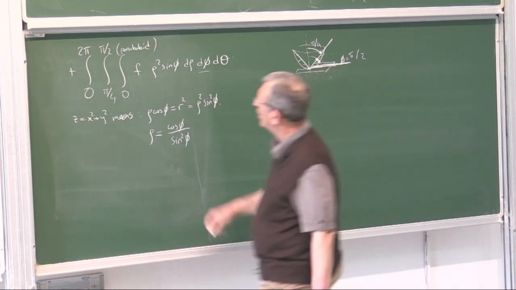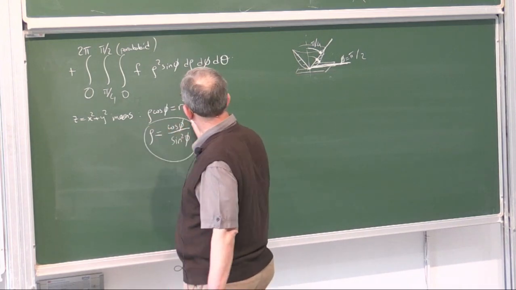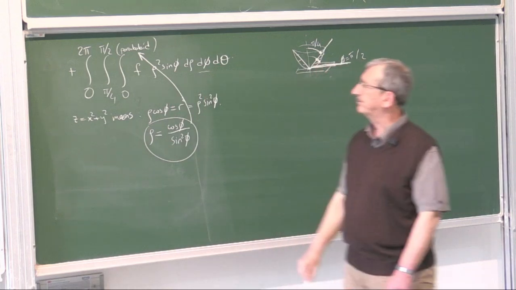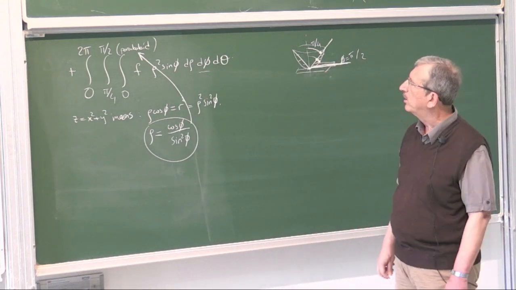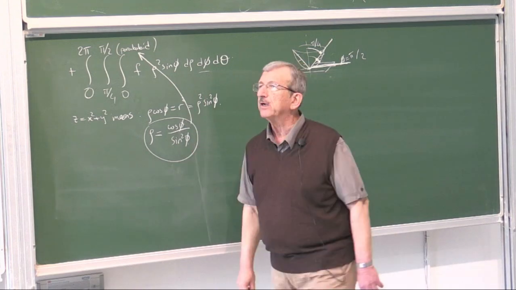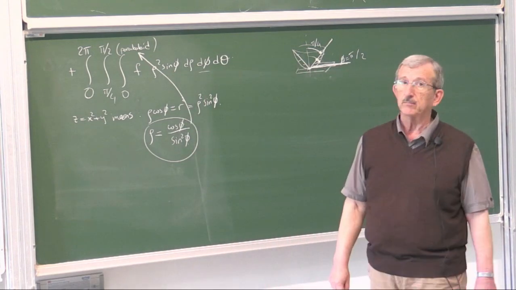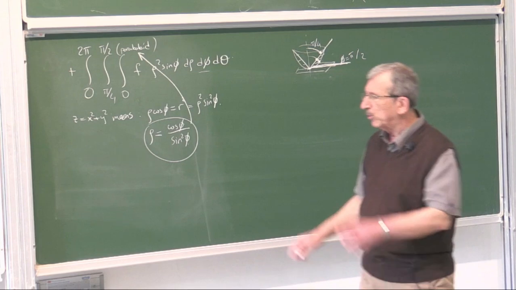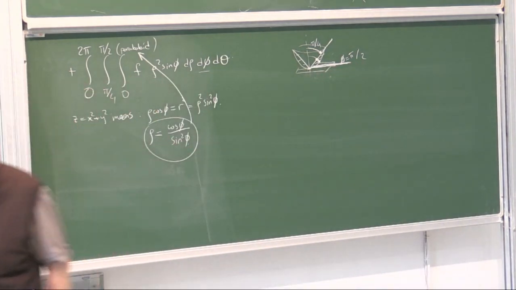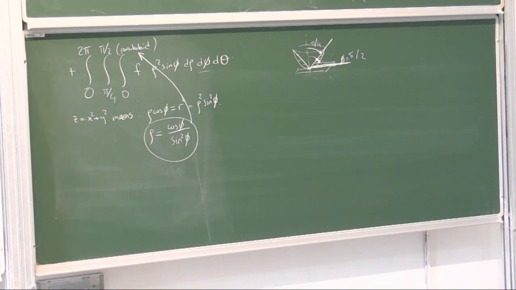So we must take this and put it. So rho changes from 0 up to cosine phi over sine squared phi. So the paraboloid is not a nice surface if you consider spherical coordinates.